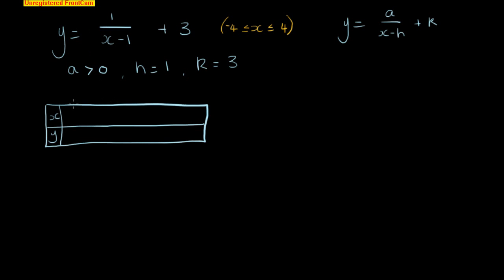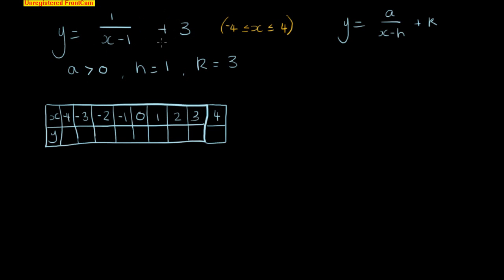So the x values are negative 4, negative 3, negative 2, negative 1, 0, 1, 2, 3, and 4. We're going to sub in all these values into our equation each time to get our y values.